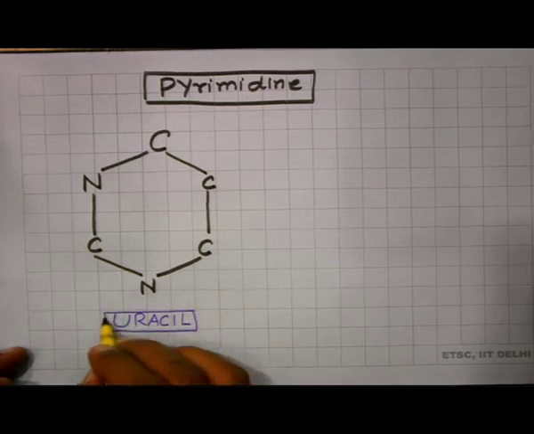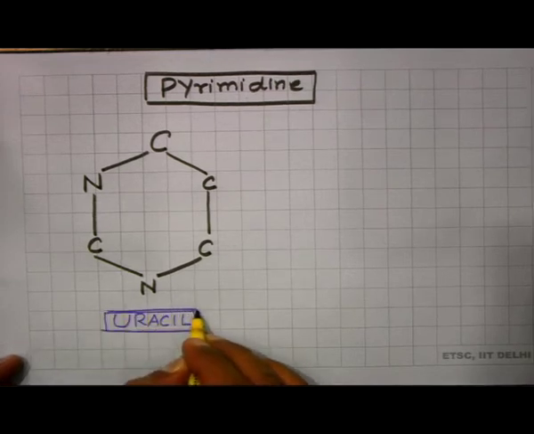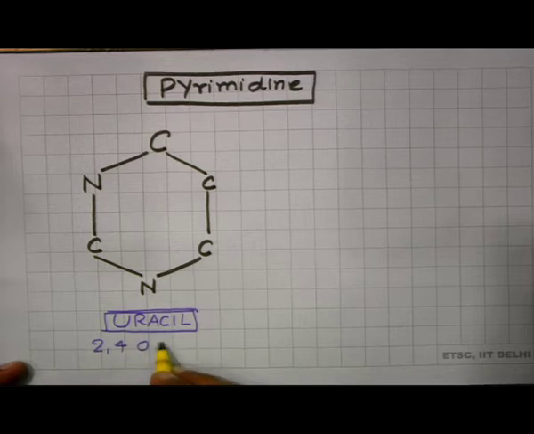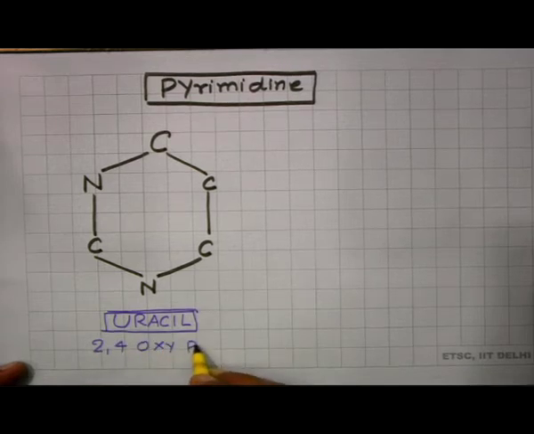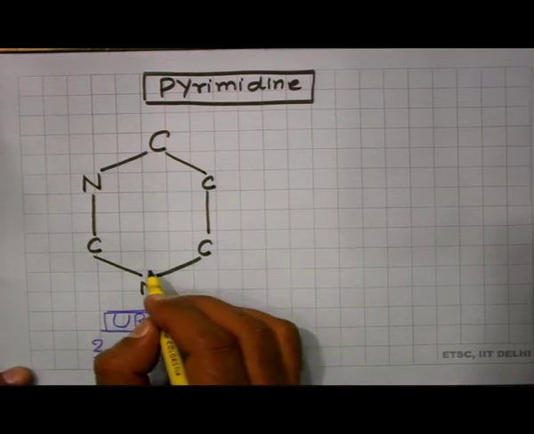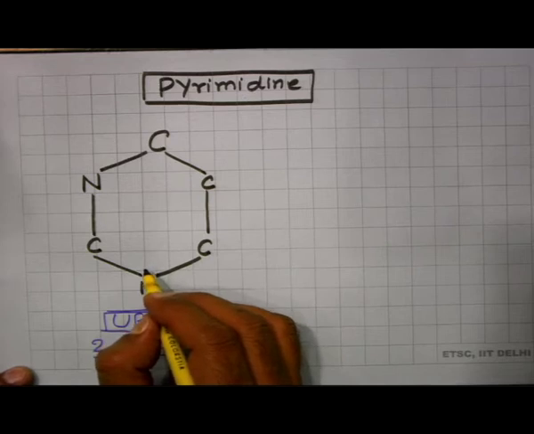The chemical name of uracil is 2,4-oxy pyrimidine. So, the name is slightly different from the purine.